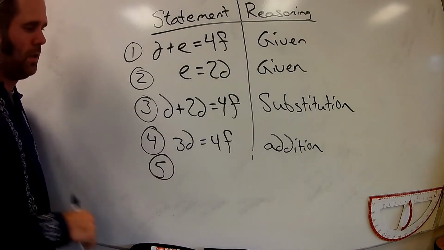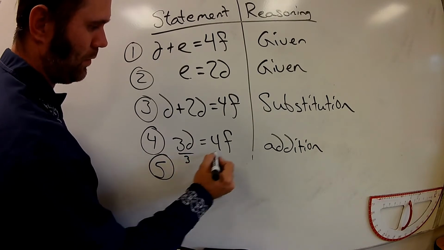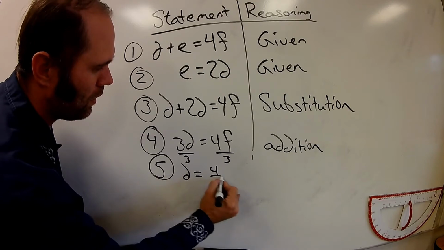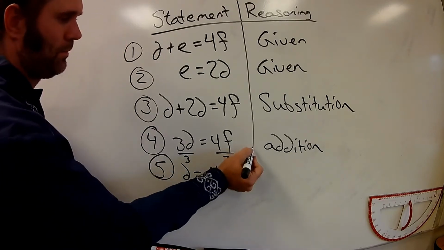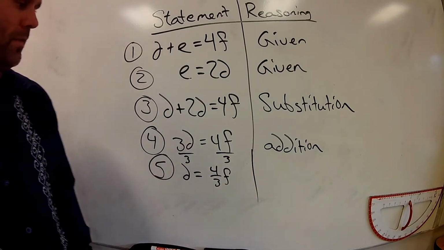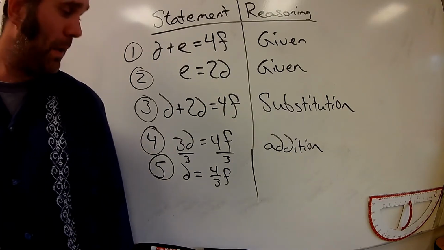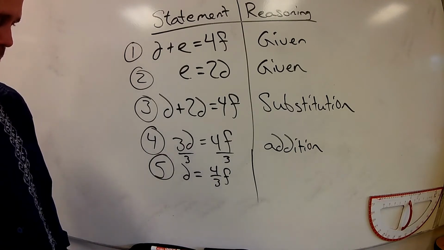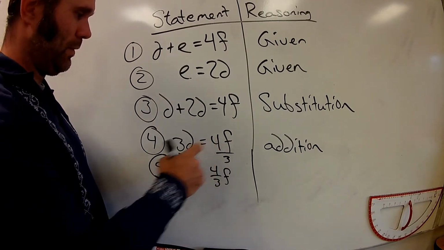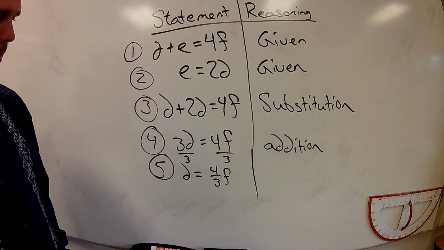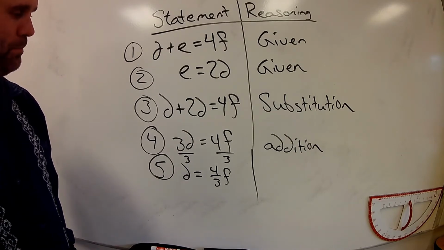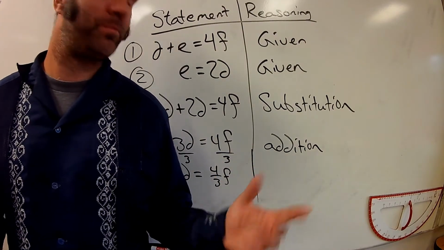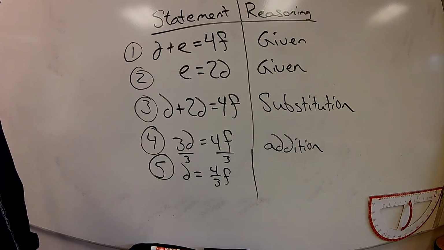So I'm going to divide both sides by 3 and get D equals 4/3 F. So I divided both sides by 3 to get D equals 4/3 F, 4 divided by 3 F's. And if I was able to say addition, then I could say division here.